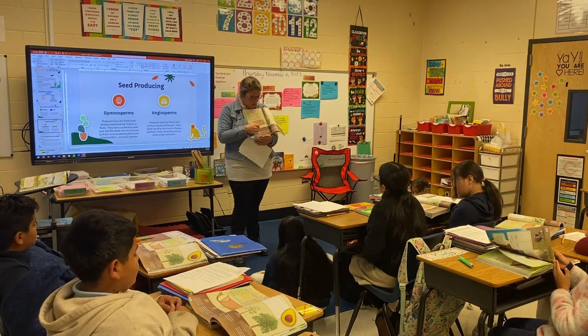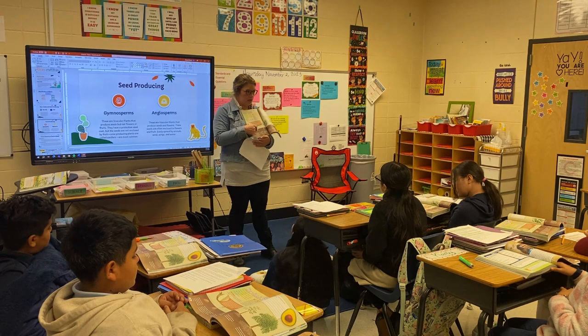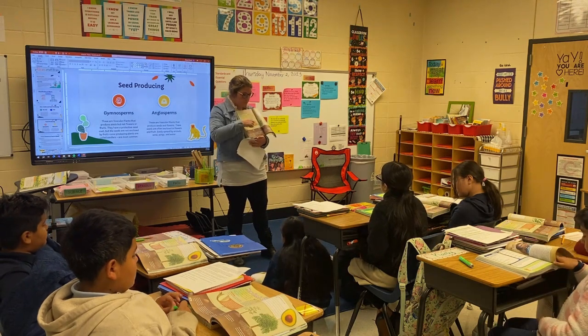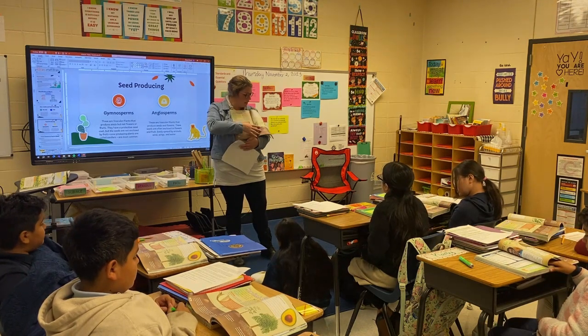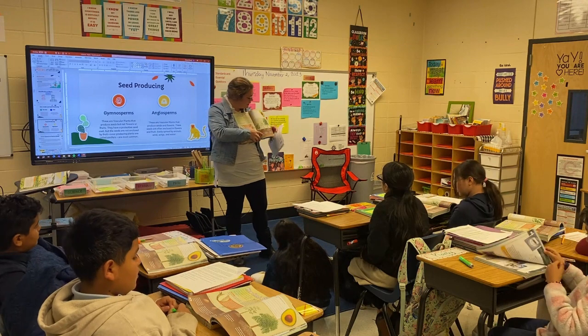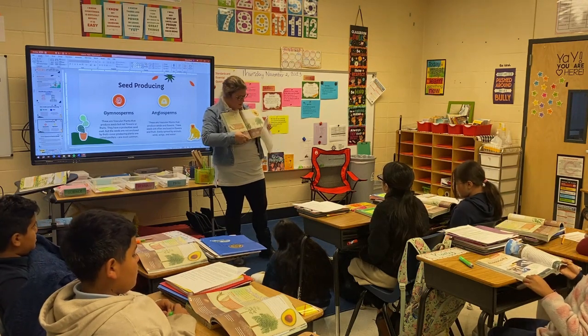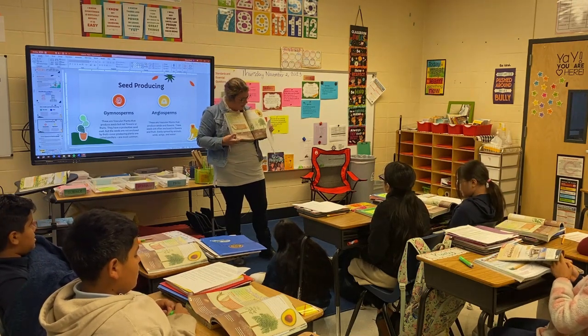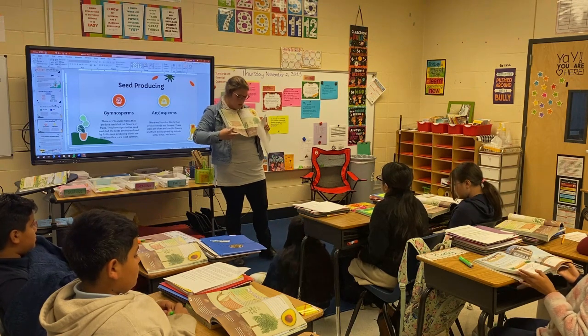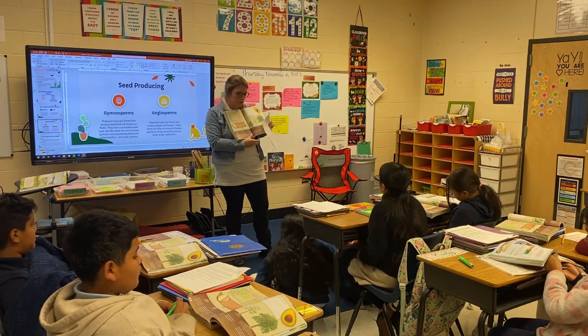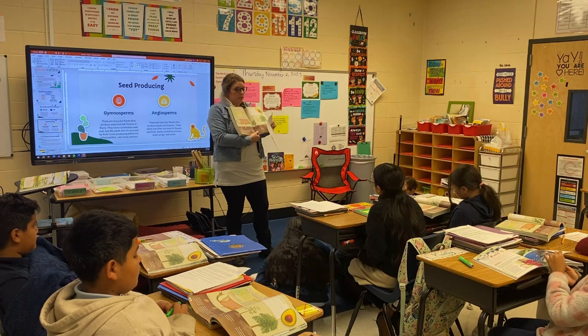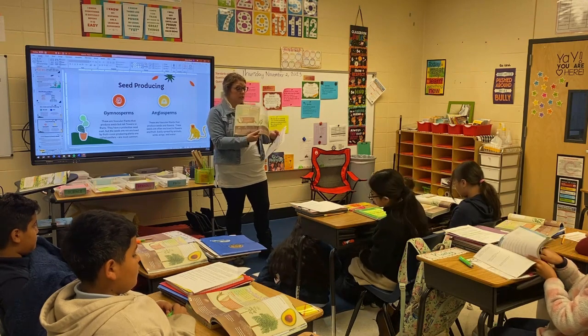What else is also growing out of the seed? The stem. In this case, it looks like it's going to grow into a tree. So it starts out super tiny, and then it just keeps getting bigger and bigger because it gets the water and the nutrients from the sunlight as well to continue to grow.